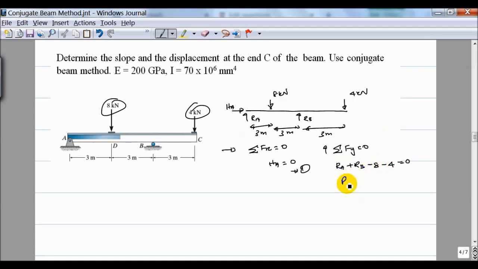So RA plus RB is equal to 12 kilonewton. This is my second equation. Now I think we need one more equation to solve this problem.